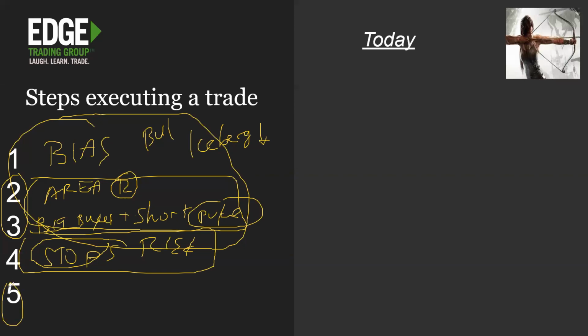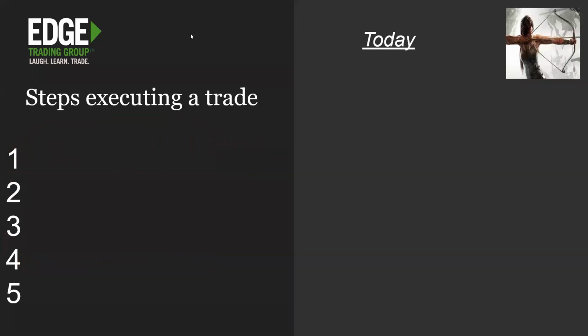Step number five is the psychology. Now, let me explain the psychology better than even some psychologists in trading. There's only one psychologist, maybe two. Steenbarger's maybe the only one that I would say is well worth listening to or reading his books. Bias creation, step one.